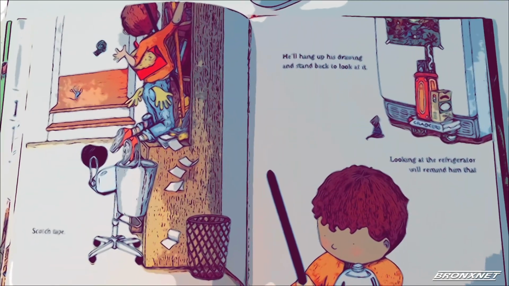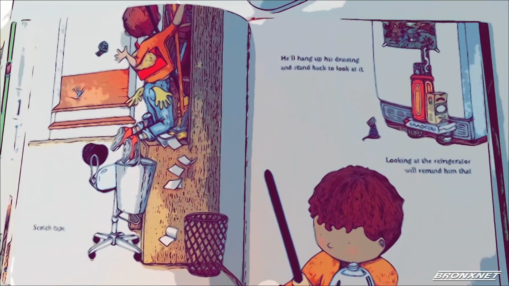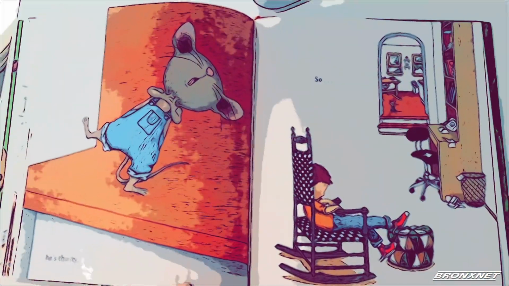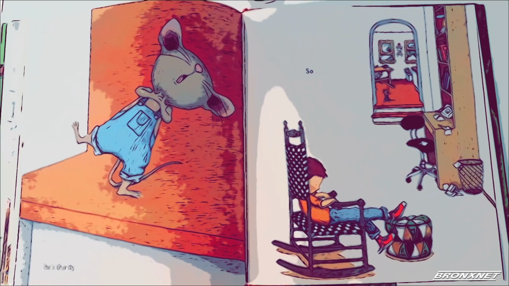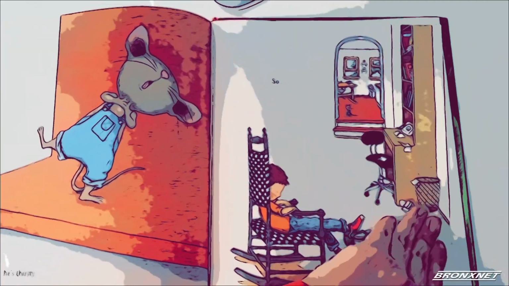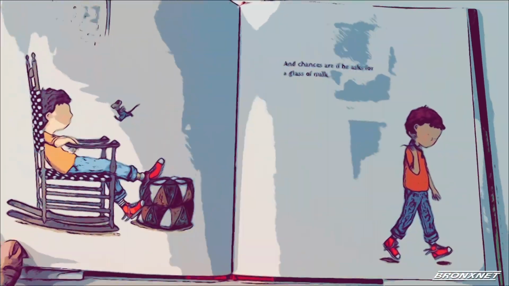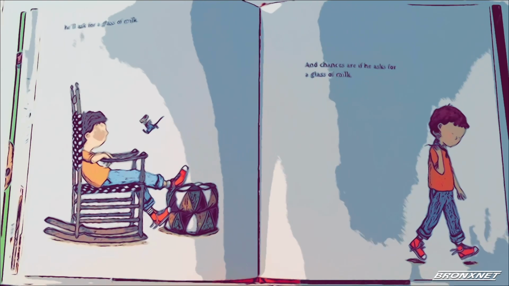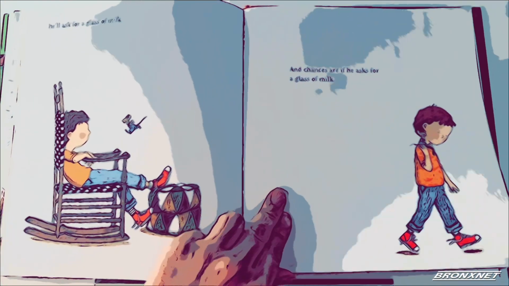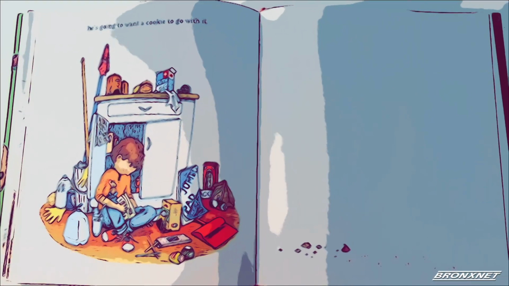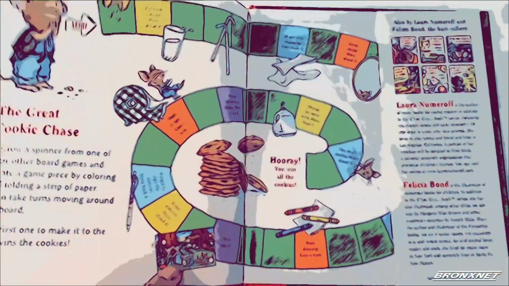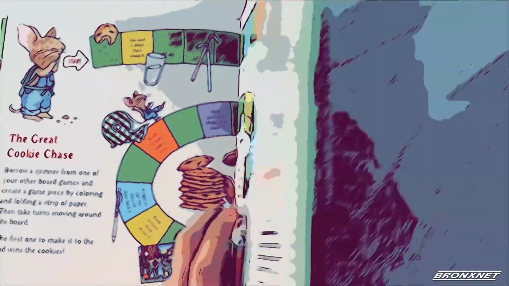He'll hang up his drawing and stand back to look at it. Looking at the refrigerator will remind him that he's thirsty. So he'll ask for a glass of milk. And chances are, if he asks for a glass of milk, he's going to want a cookie with it. The end.